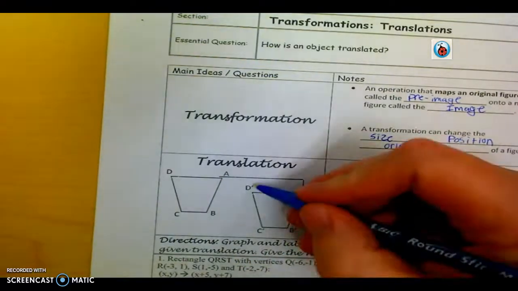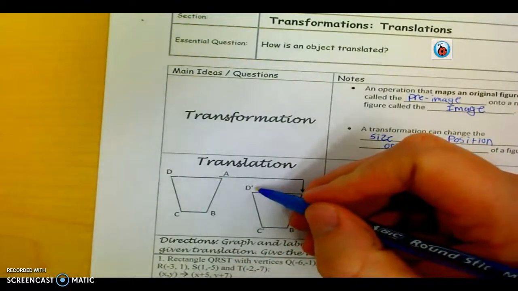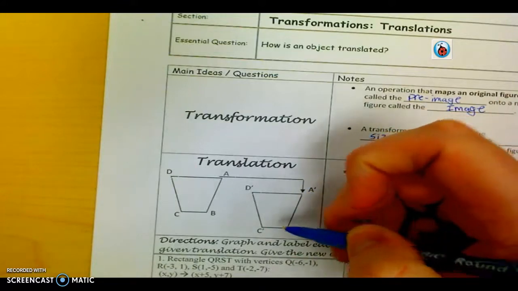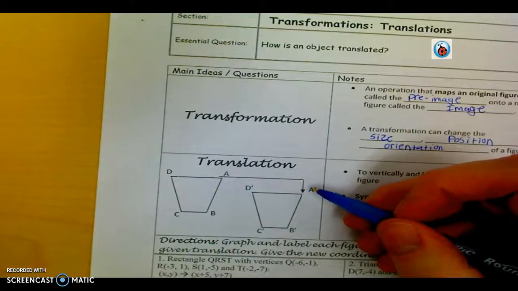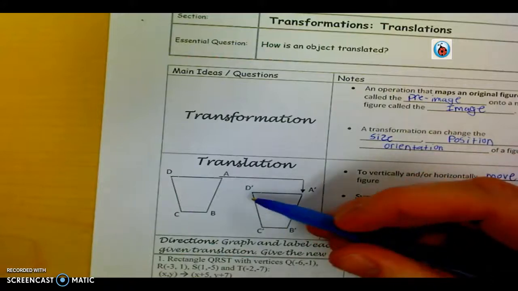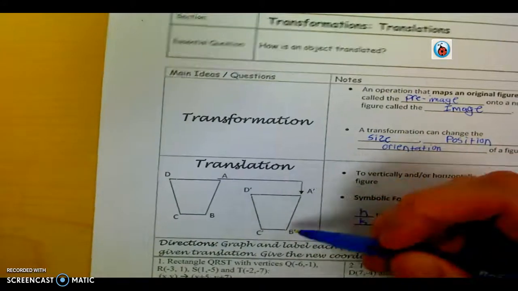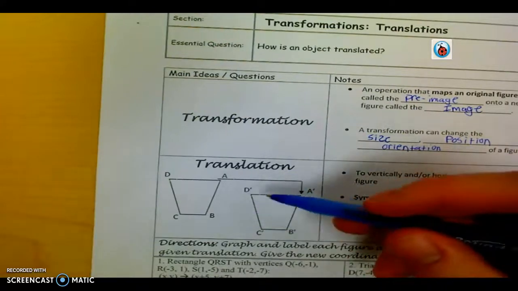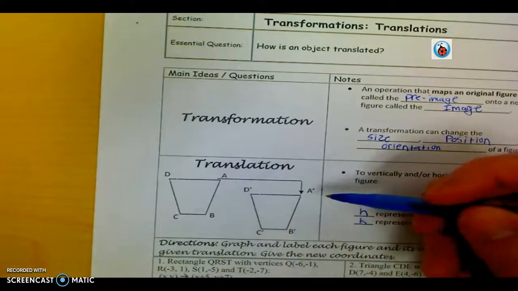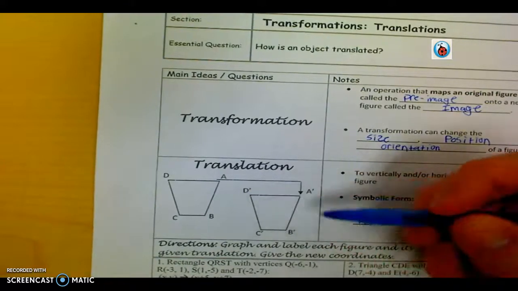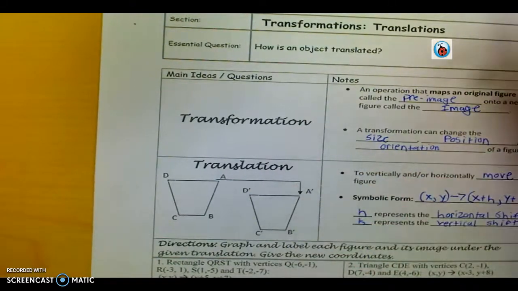The only difference is that these now have the little apostrophes after them. Right? So these apostrophes have a name. We call them prime. A prime, B prime, C prime, D prime. That's just how we know that a transformation happened. The one with the prime on it is the one that happened after the translation.